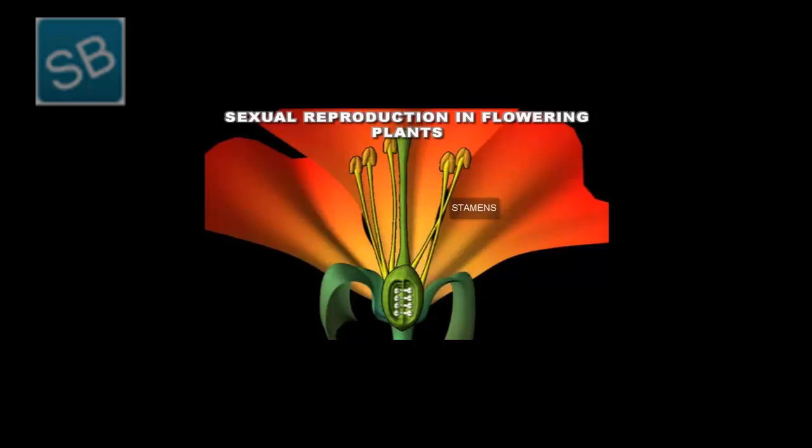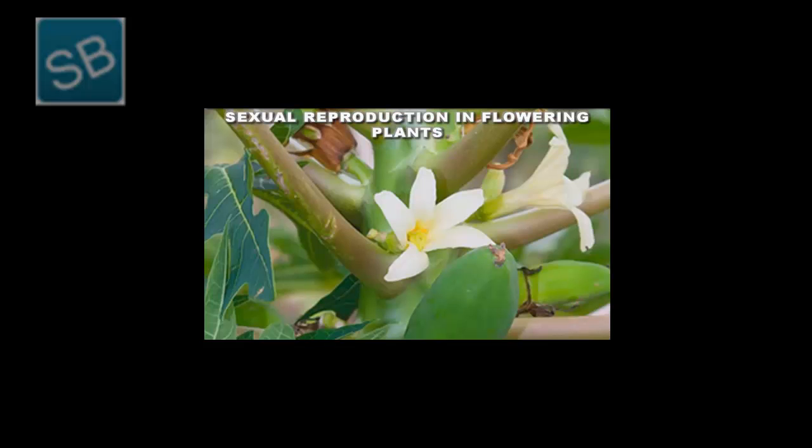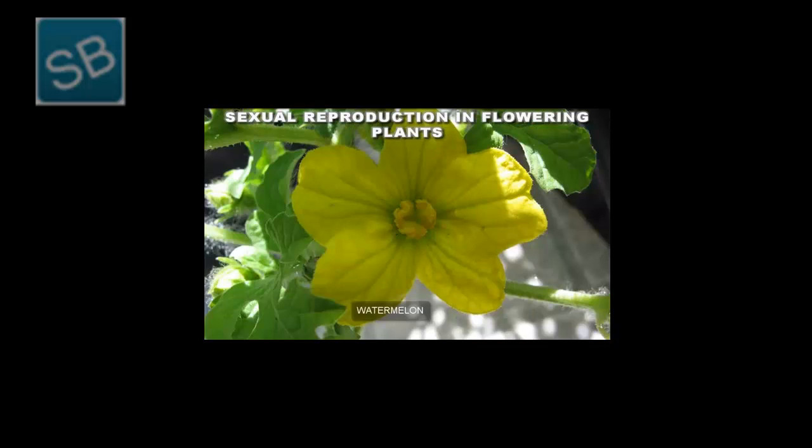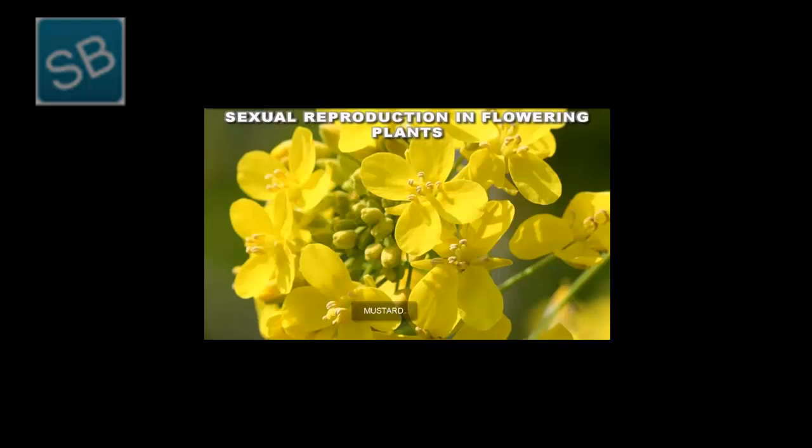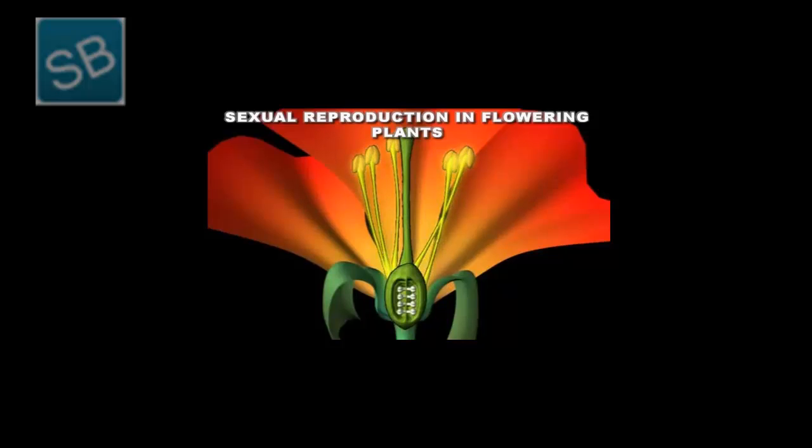Out of these four, the stamens and carpels form the male and female reproductive parts respectively. In unisexual flowers like papaya and watermelon, the male and female parts are located in different flowers. But in plants like hibiscus and mustard, which are bisexual, both male and female parts are present within the same flower.